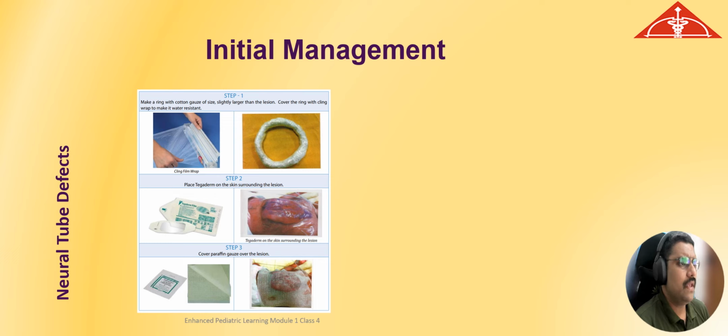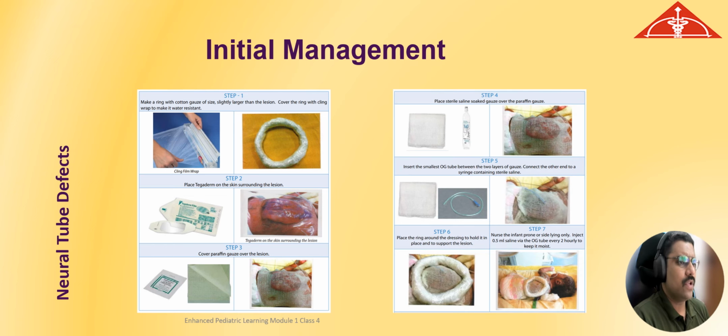This involves making a sterile plastic ring and keeping it surrounding the lesion, and drip irrigating it with normal saline to keep it moist and to create a barrier for infection as well.